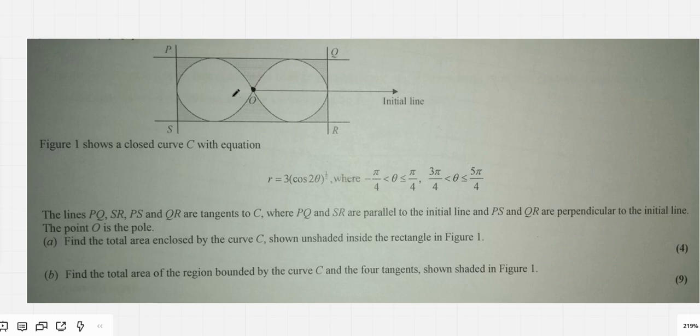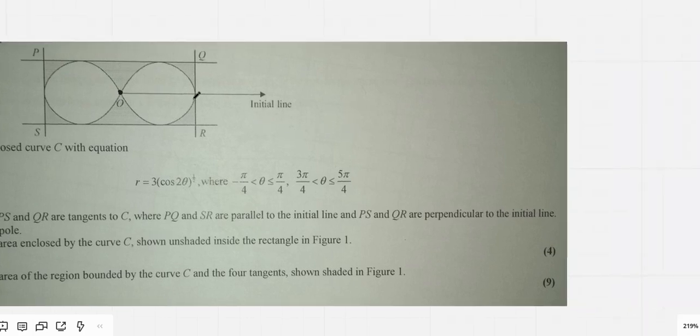So this point is the origin, and PQRS is essentially a rectangle that bounds the entire closed curve. PQ is a tangent, QR is a tangent, RS is a tangent, and SP is a tangent. And so we're asked to find both the unshaded areas and the shaded areas in this figure.